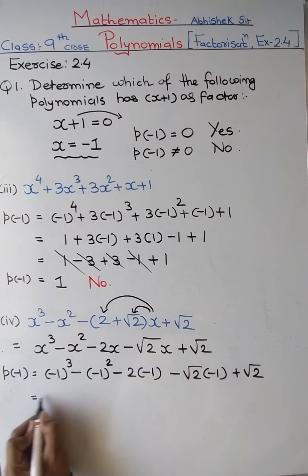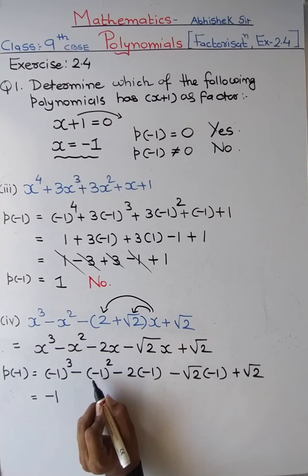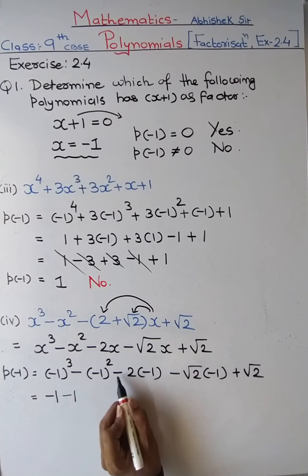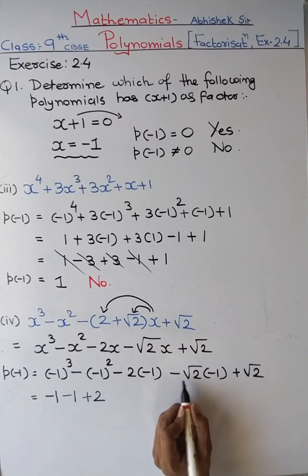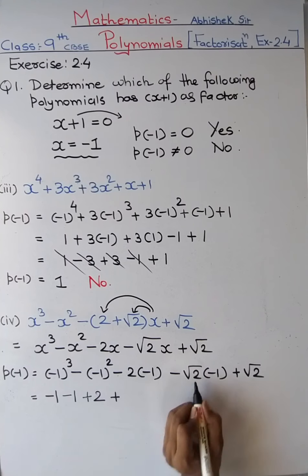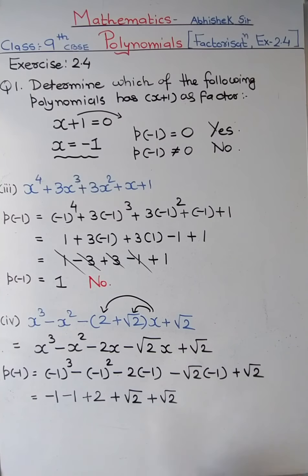Minus 1 cube is minus 1, minus 1 square is plus 1, but over here we have minus, so ultimately it will be minus 1. Minus 2 into minus 1 will be plus 2. Minus root 2 into minus 1, so minus minus plus, and root 2 into plus 1 is root 2, and finally we have root 2.